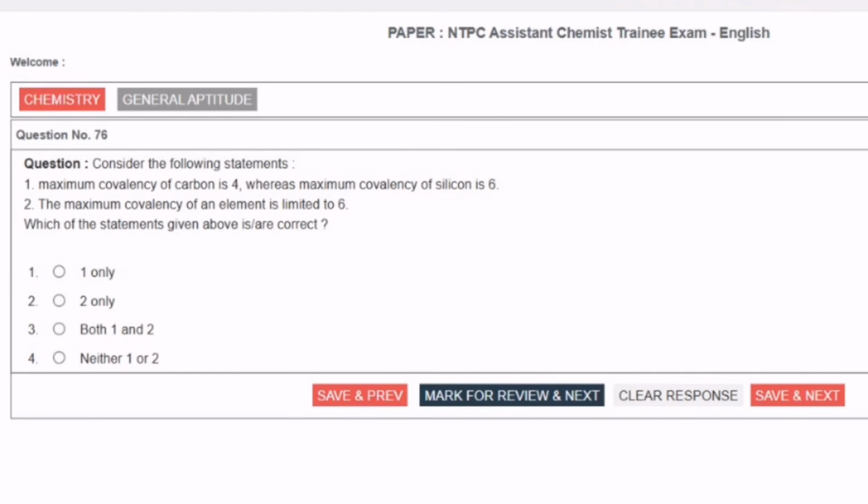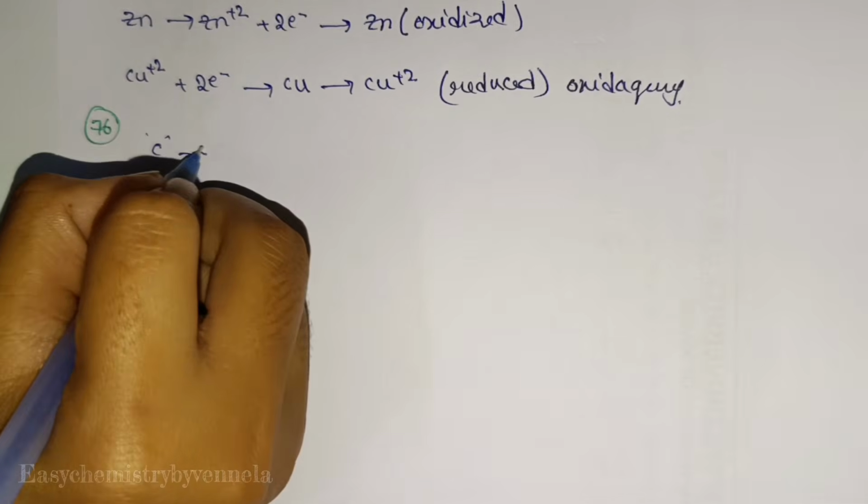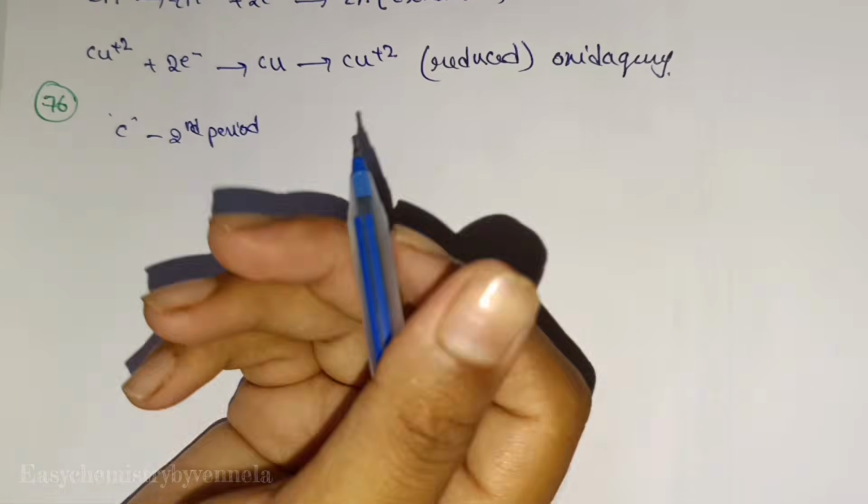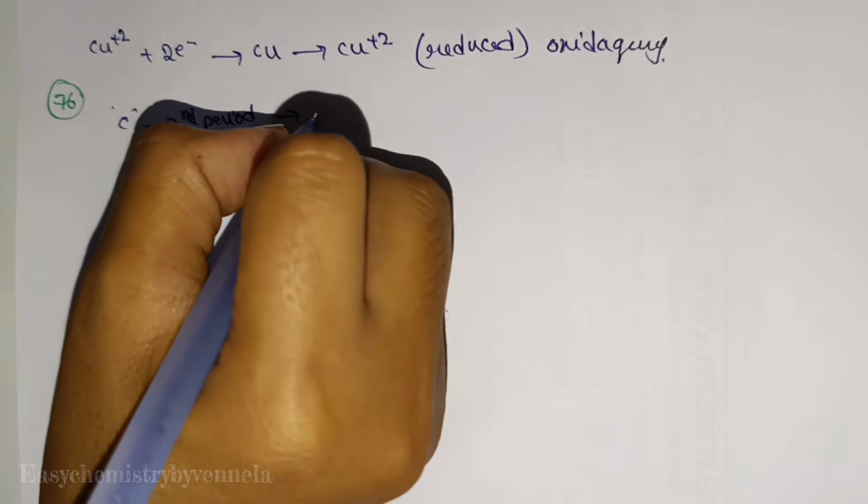Next question. Consider the following statements. Maximum covalency of carbon is 4, whereas maximum covalency of silicon is 6. Next, the maximum covalency of an element is limited to 6. Which of the following statements given below are correct? Carbon is in the second period, that means no d orbitals.